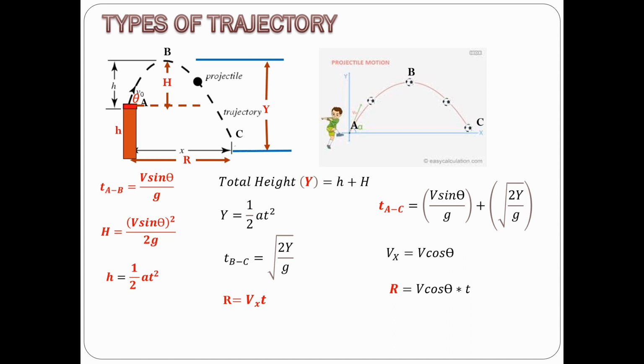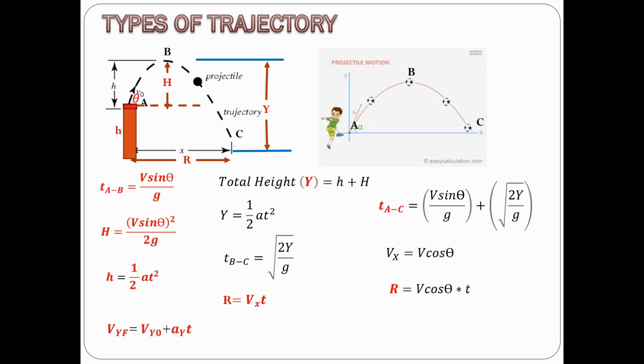Sometimes in this type of trajectory, it is needed to find the speed of the ball before it hits the ground. We already know that the x component of velocity vx is constant, as I have mentioned earlier in this video. We need to find the vertical velocity as well using this equation.